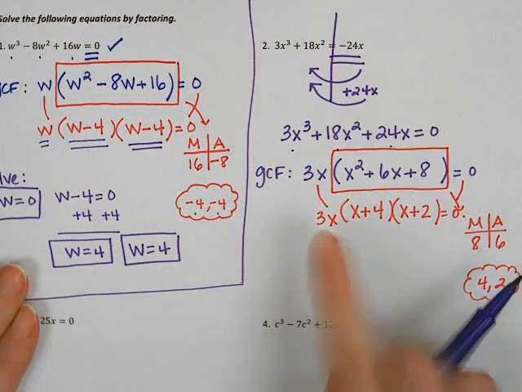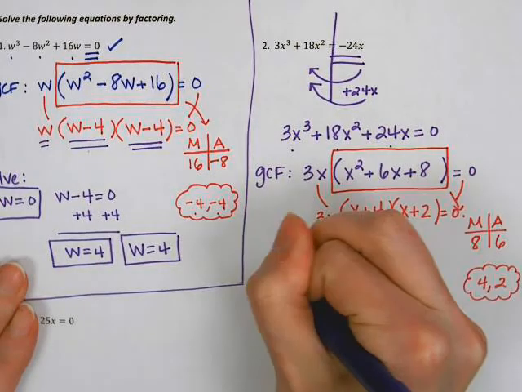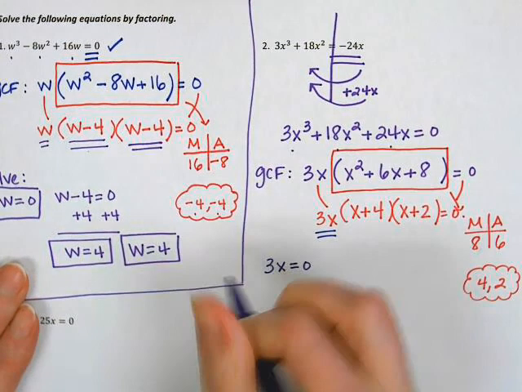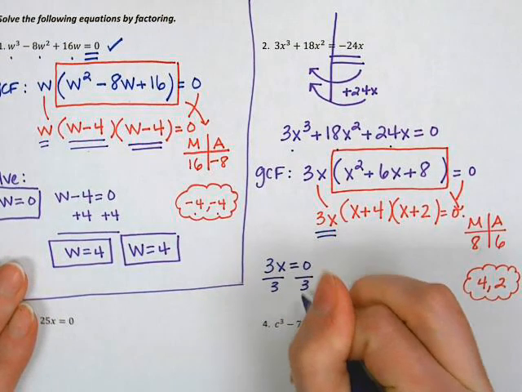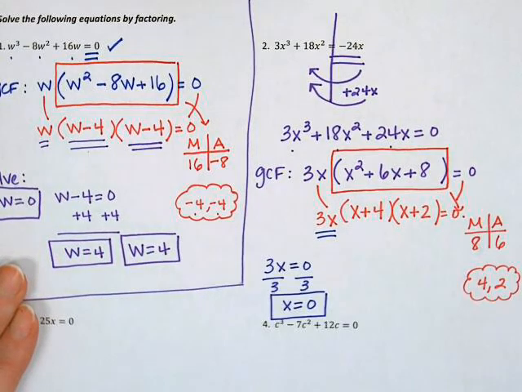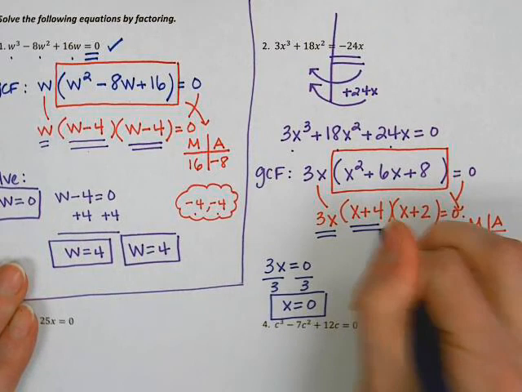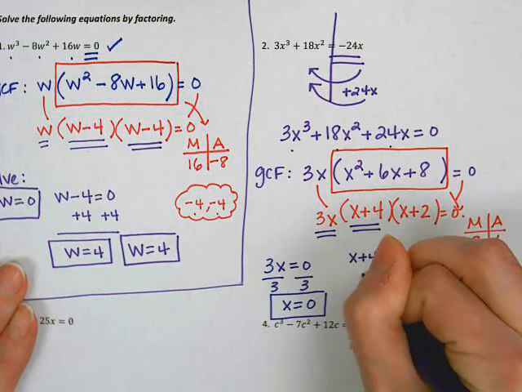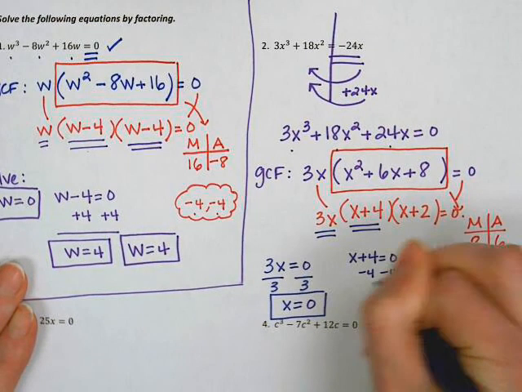Okay, so let's do this one first. When does 3x equal 0? If you divide by 3, you get x equals 0. That's our first solution. Next one, when does x plus 4 equal 0? Well, this one you have to minus 4 from both sides.